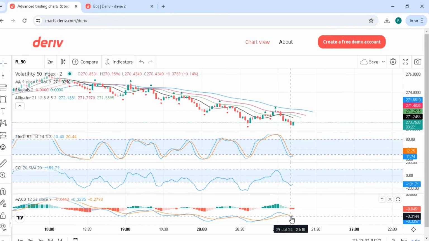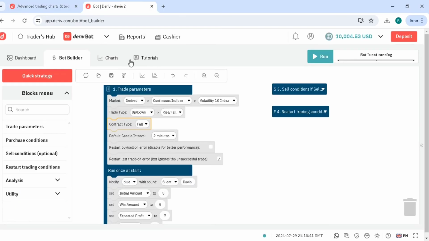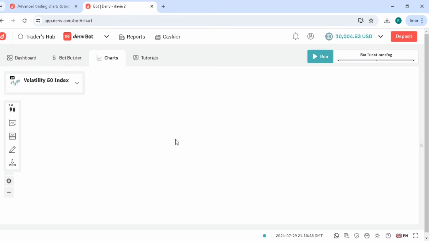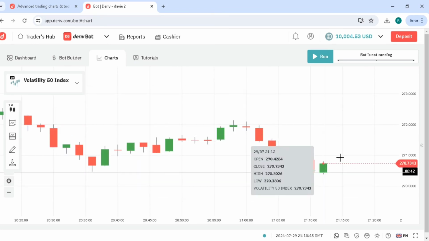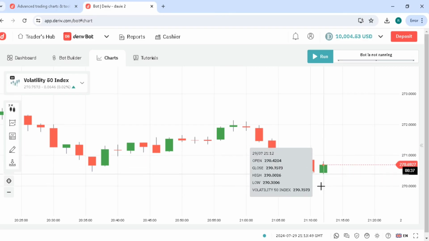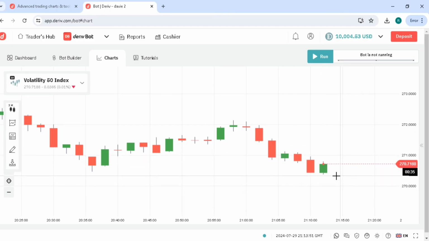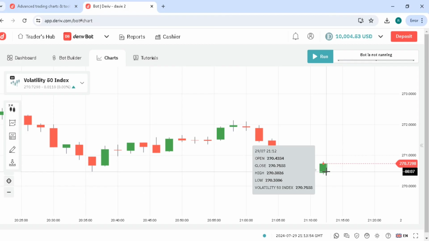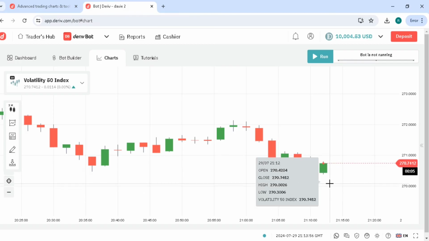So that becomes a general entry point, but you have to come to the charts and look at how the candle patterns are, the candle that is being formed, before you enter a trend. For instance, for this one, if we wanted to enter a rise, do you see this wick that is there?